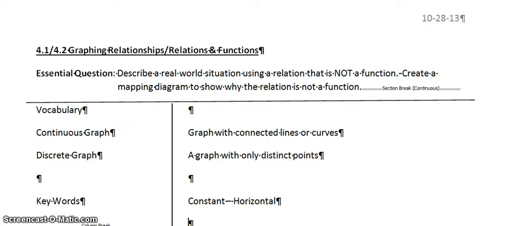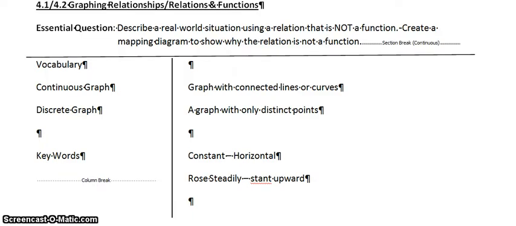You'll see the keyword rose steadily, or went up steadily, or went up at a constant rate. That means it's going to slant upward from the bottom left to the top right. You're going to see words like stayed the same. That also means horizontal. So we're going to put that up here together.